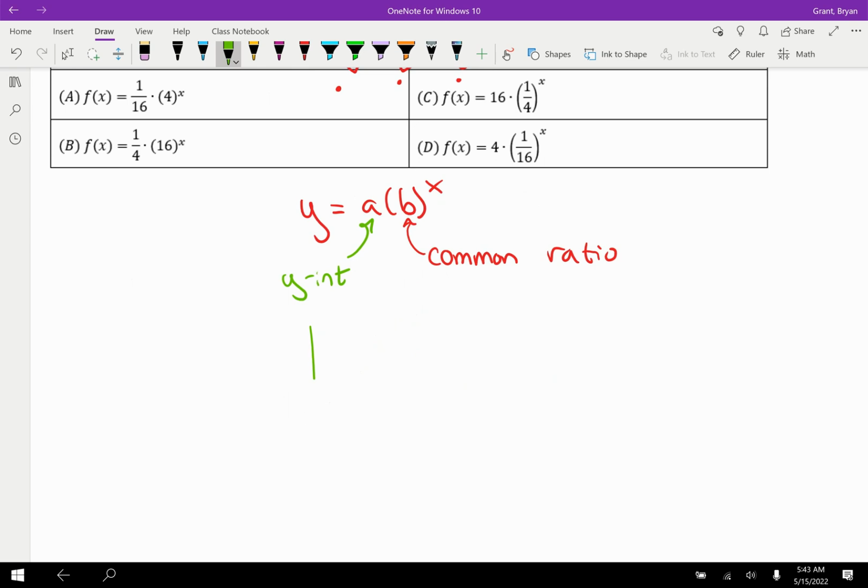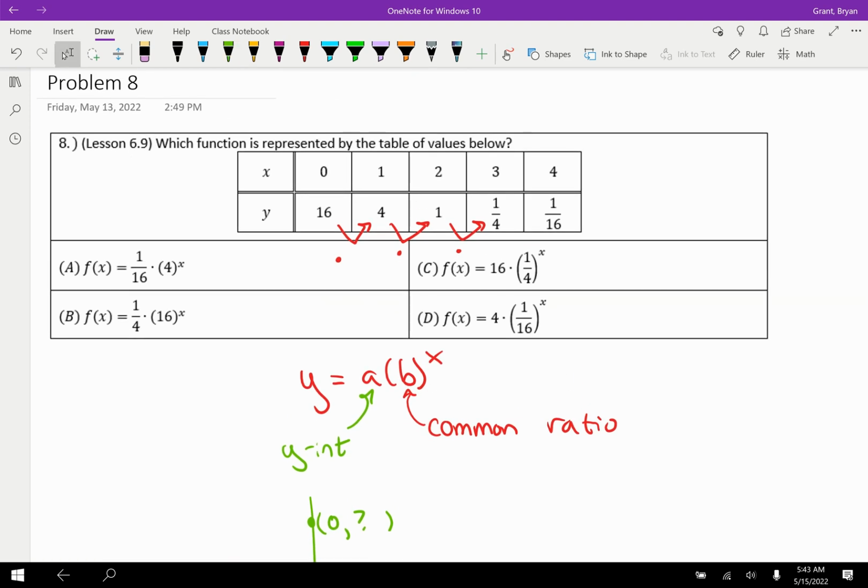If you think about what a graph looks like, hopefully you've seen one of these before. The y-intercept is always a point that's somewhere on the y-axis, right? Any point that's on the y-axis is 0, something. So that tells us that a y-intercept is 0, some value. And if you look in our table up above, each of these values in a table are points.